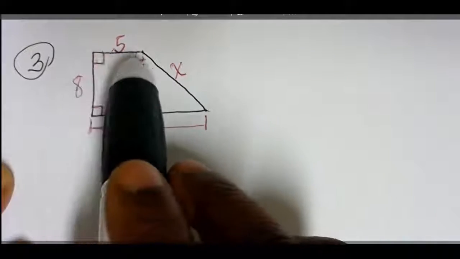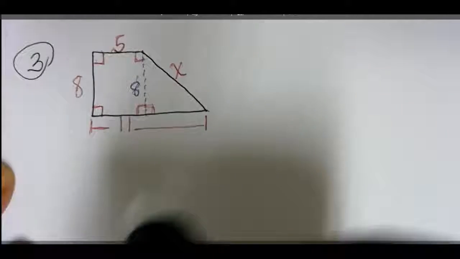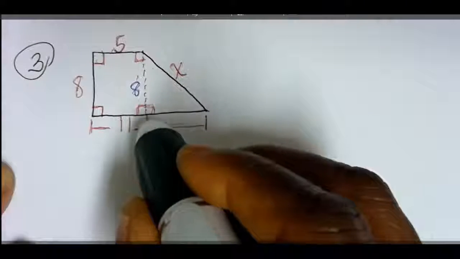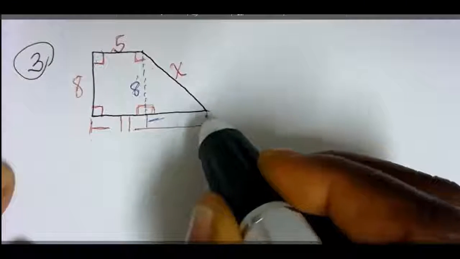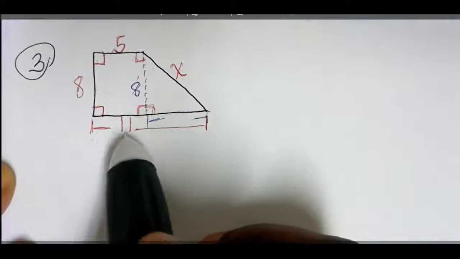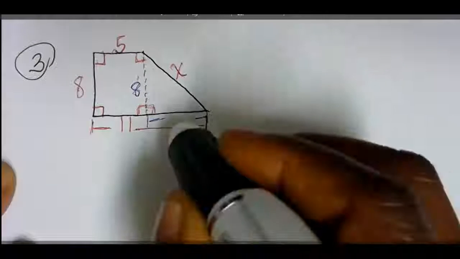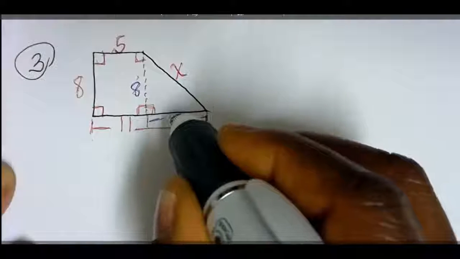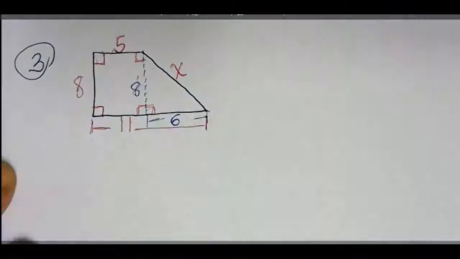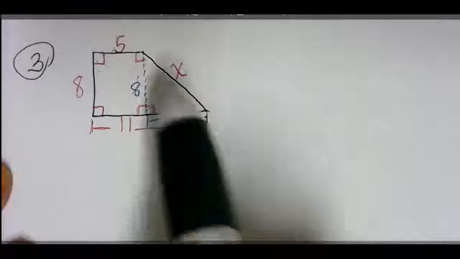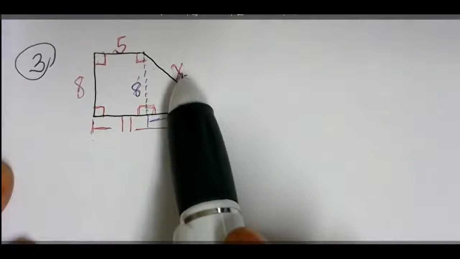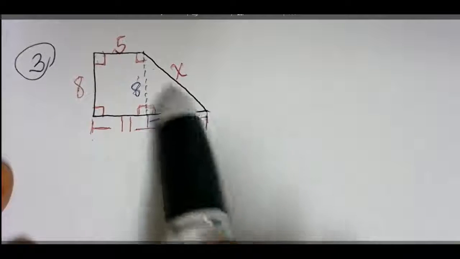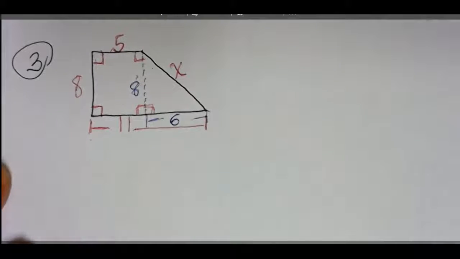And if from here to here is 5, from here to here is 5, so what would be from here then to there? So if we subtract 11 minus 5, we'll get 6. So this side is 6. And we have all we need now to find x. This is a right triangle. Okay.